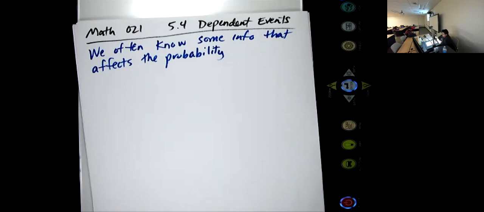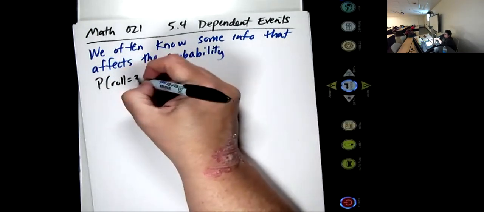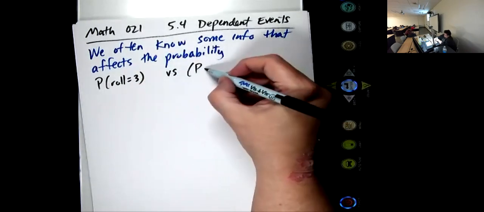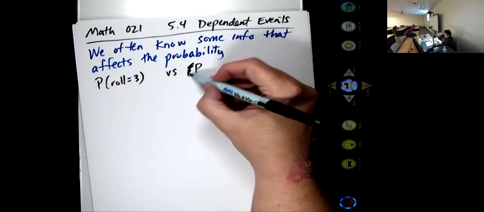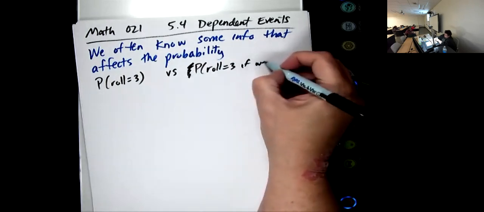Like, let's look at the probability of rolling a 3 on a die, versus rolling a 3 if we know it's odd.